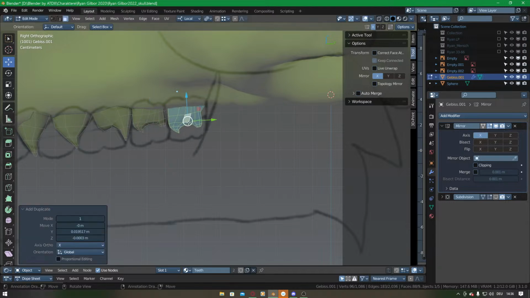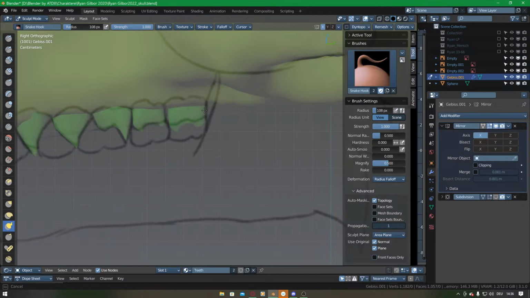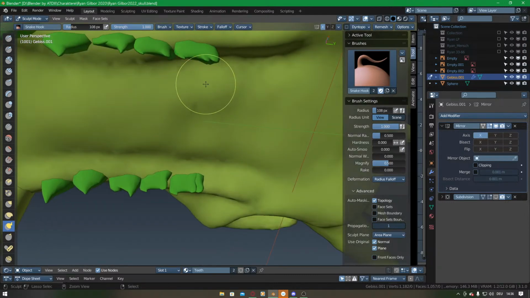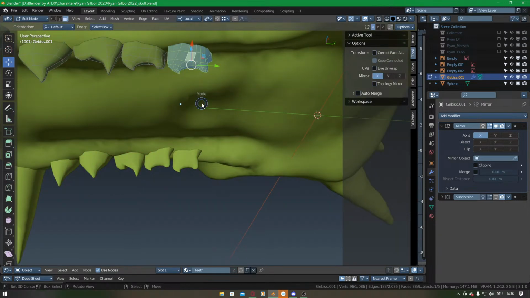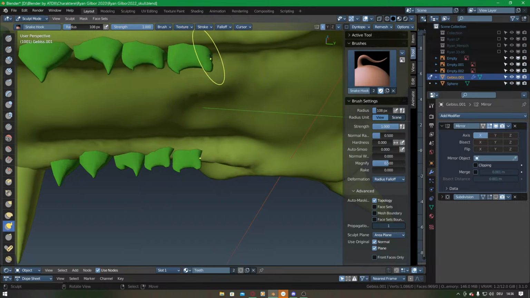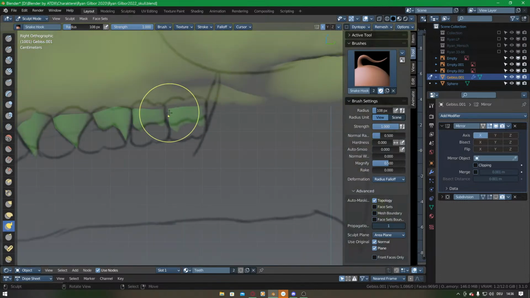Duplicate this one twice. I had it duplicated.